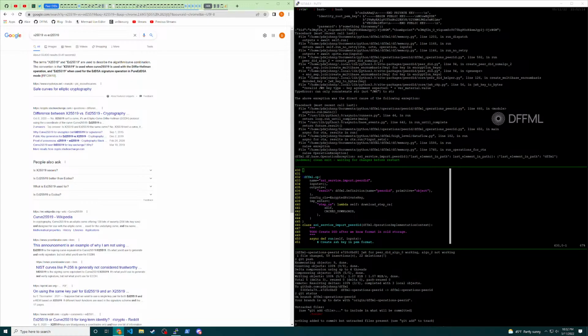Okay, so X25519 is when we're doing Diffie-Hellman operation, and ED25519 is for EdDSA signature.